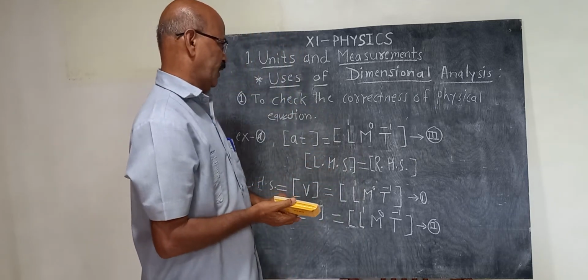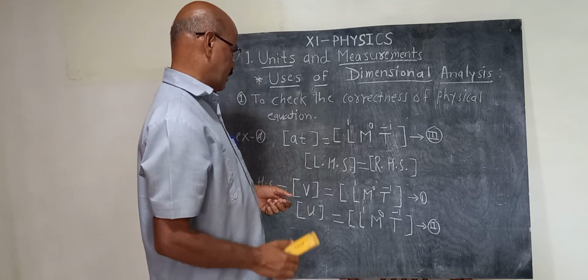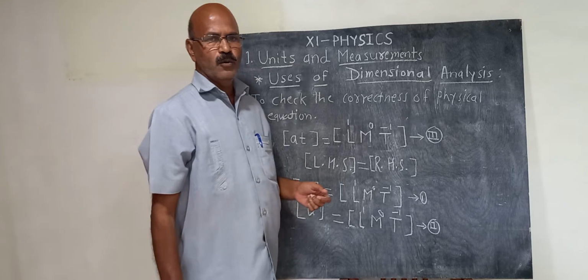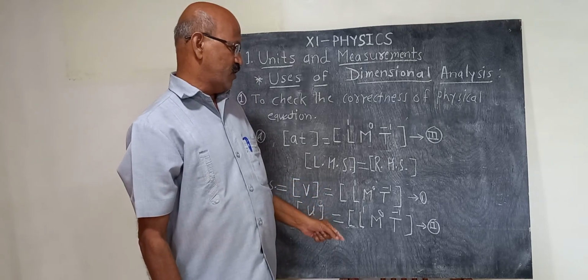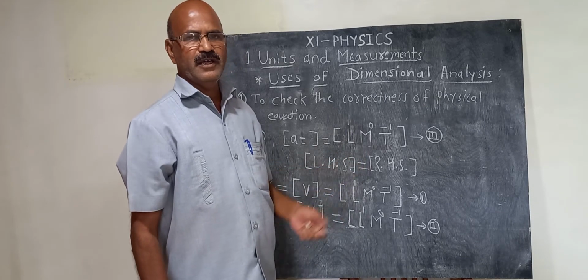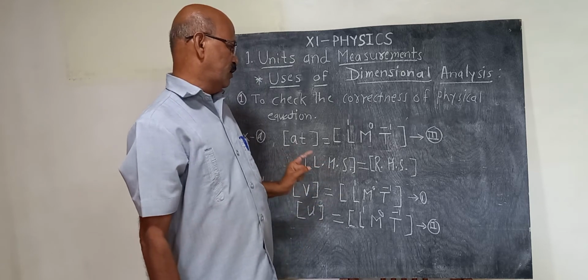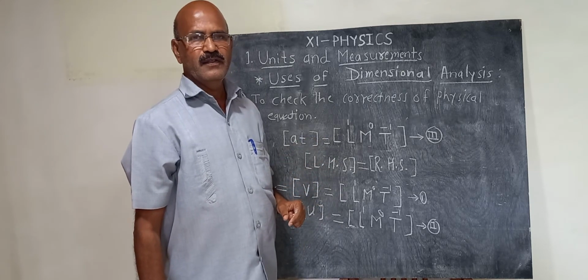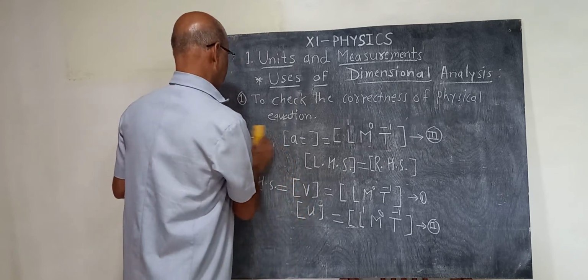Thus, we can prove that for the physical equation V equal to U plus AT, the dimensions of all the terms on both sides of the equation are the same. Hence, V equal to U plus AT is dimensionally correct.